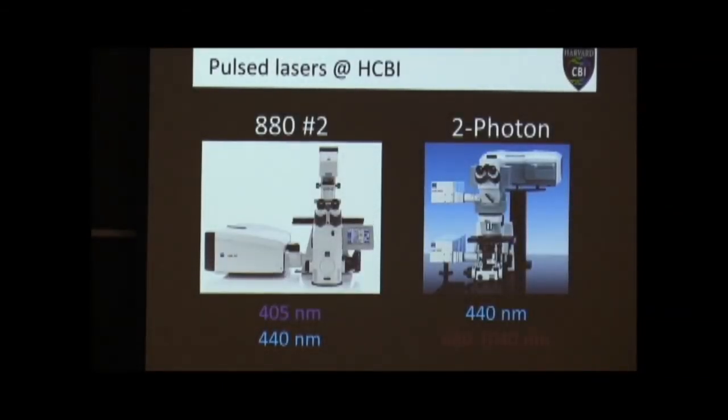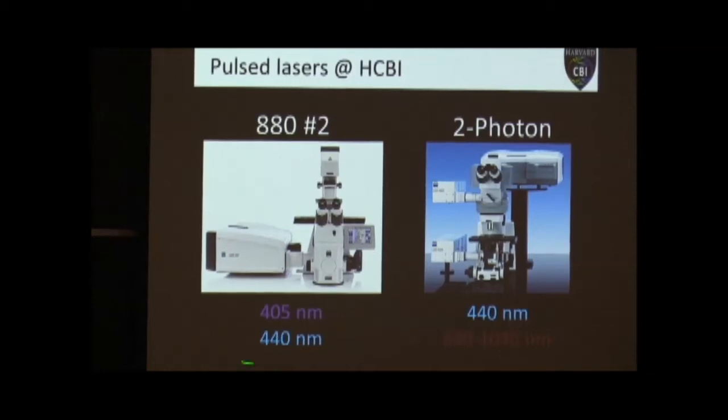These are the systems in our facility that currently have pulse lasers. The 880 number 2 system is where the FLIM equipment is going to be installed first, starting next week. It has a 405 laser and a 440 laser that are both pulsed. In addition, for the two-photon system, we just found out today that the new one should be here in September or October.